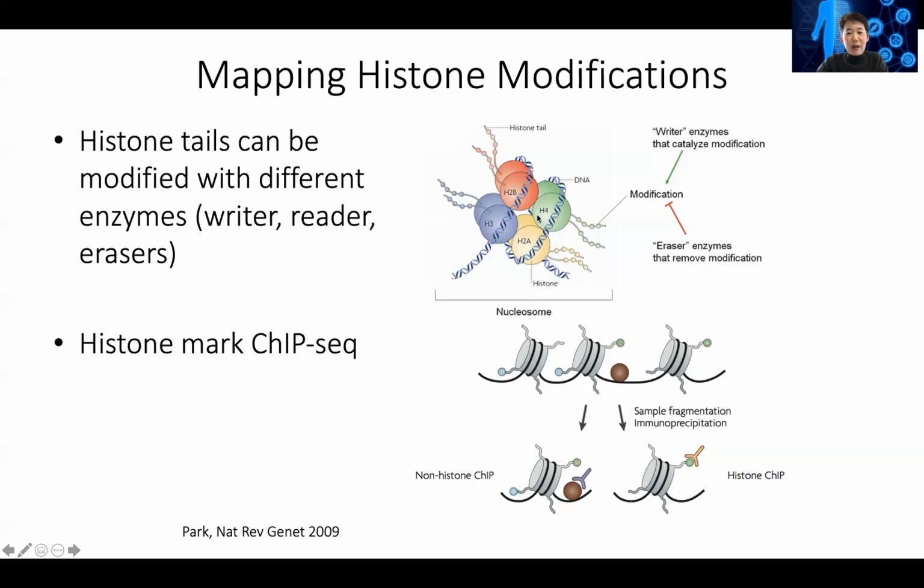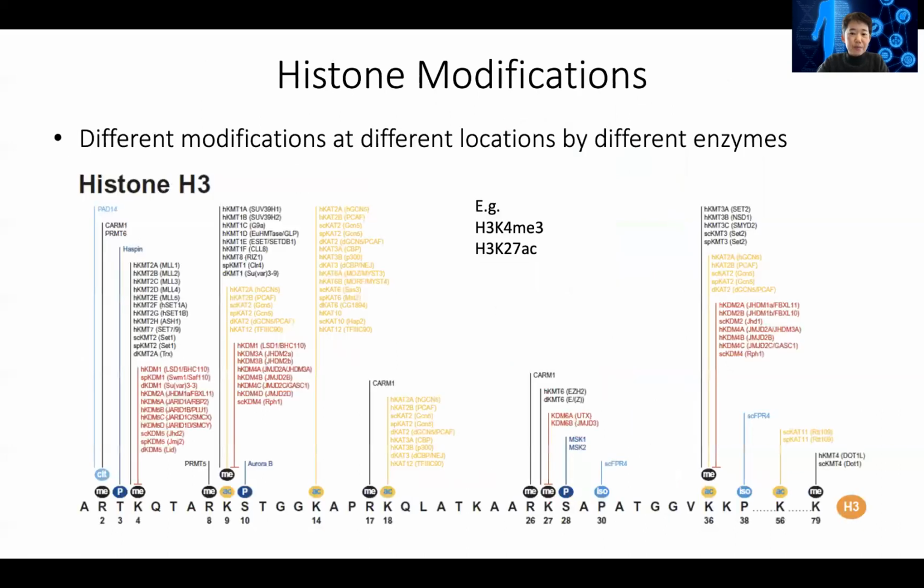In the genome, these little marks can be added by writers. They can also be removed by erasers and be recognized by histone mark readers. Depending on the location, there are also different marks. This is just one example. There are modifications also on H2 and H4, but this is just one example, the histone H3.